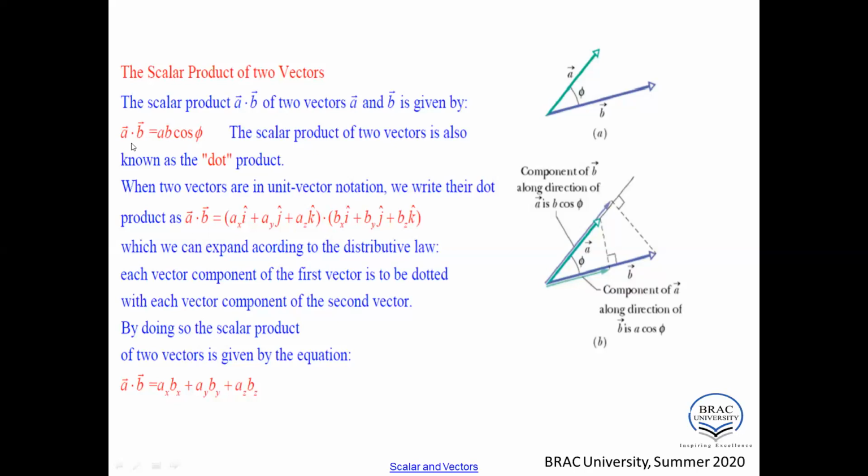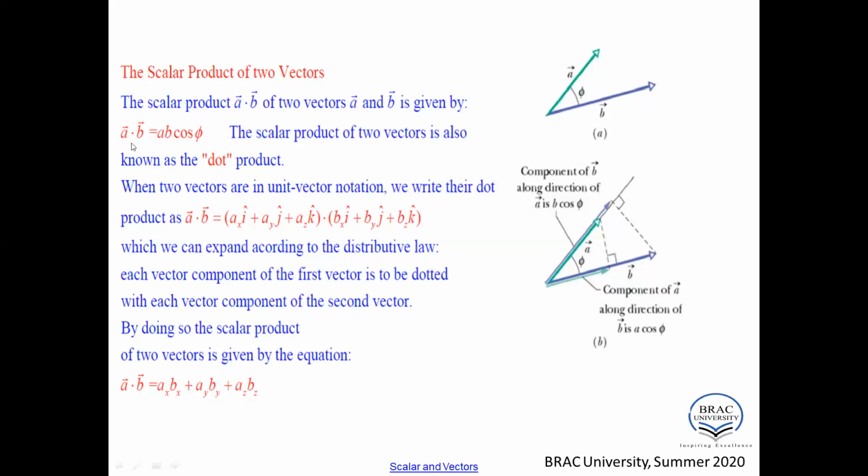So in unit vector notation, which means in i, j, k form, the dot product of two similar unit vectors is 1, because their magnitudes are 1 and the angle between similar unit vectors is 0. So i dot i equals 1 into 1 into cos 0 degrees.